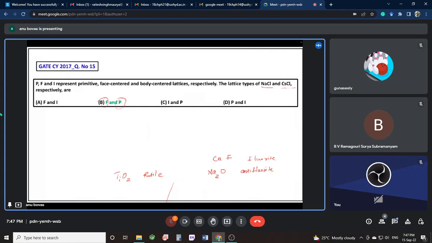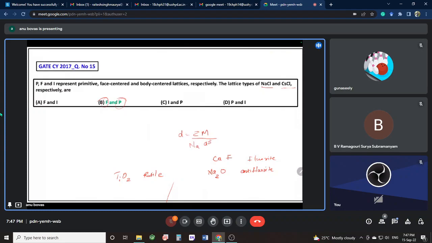And one more important equation, even though it is not related to the question I am solving, is related to density. D is equal to ZM divided by Na into a cube.